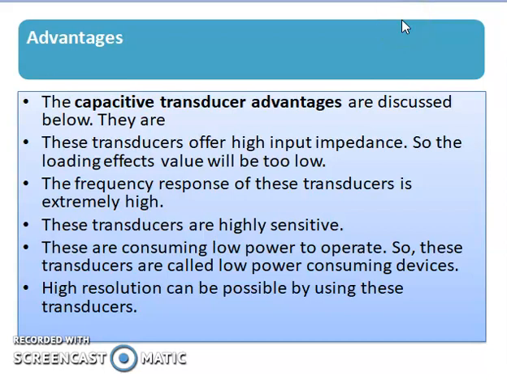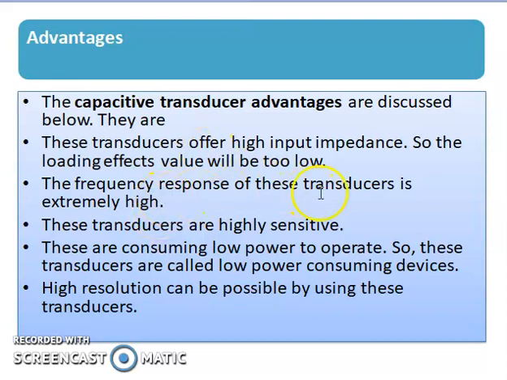And the advantages of capacitive transducers are discussed below. These transducers offer high input impedance, so the loading effect value will be very low. As we all know, for decreasing the loading effect, the input impedance should be high and the output impedance should be low.